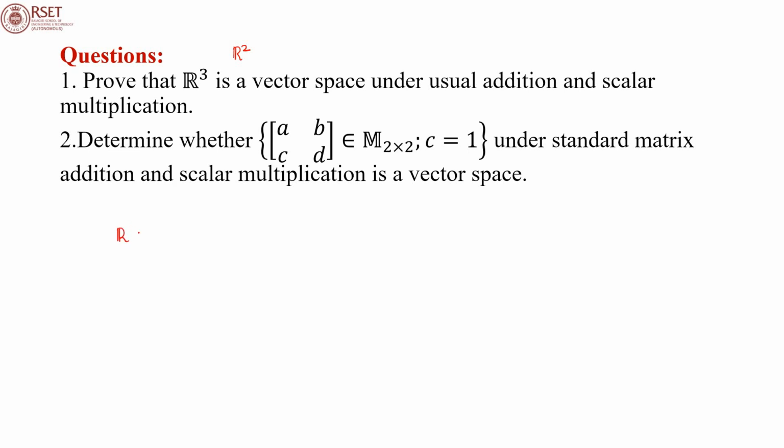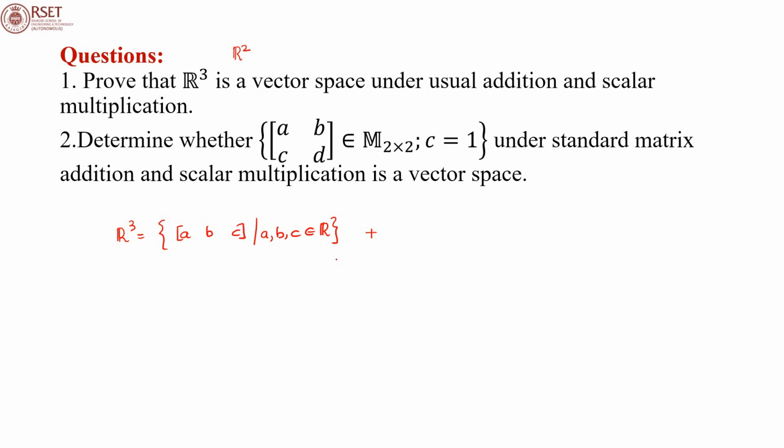R3 is the set of all matrices of the form A, B, C, where A, B and C are real numbers. Prove that this is a vector space under regular matrix addition and scalar multiplication, and since the set of scalars is not specified, you can consider them as the set of real numbers.